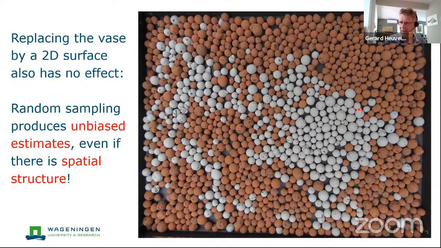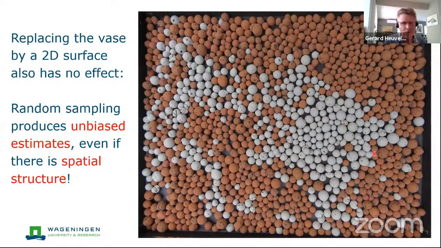Correctly classified, yes or no, that's a categorical variable, but we could also do this for continuous variables. For example, you notice that all those balls are a bit different. Some are big, some are small. So if we are interested in the average size of the balls in this population, in this two-dimensional surface, we could take a sample and use the average size of that sample as an estimate for the whole area.